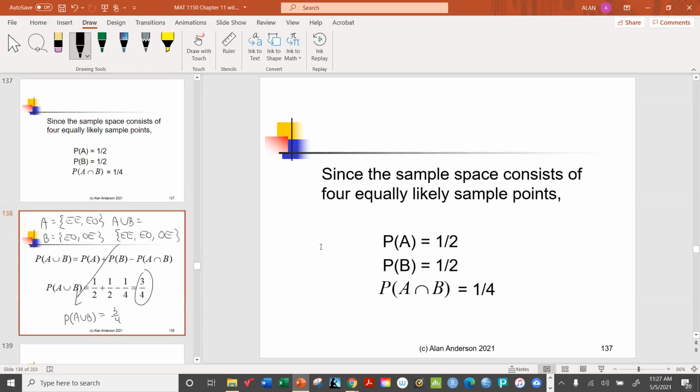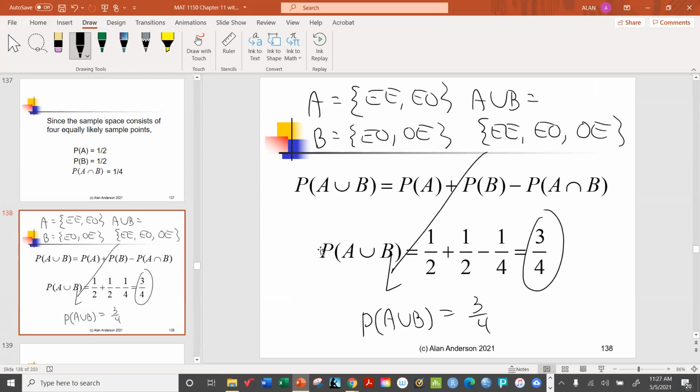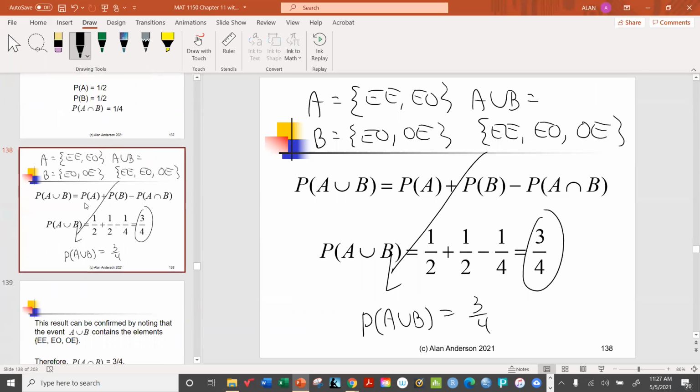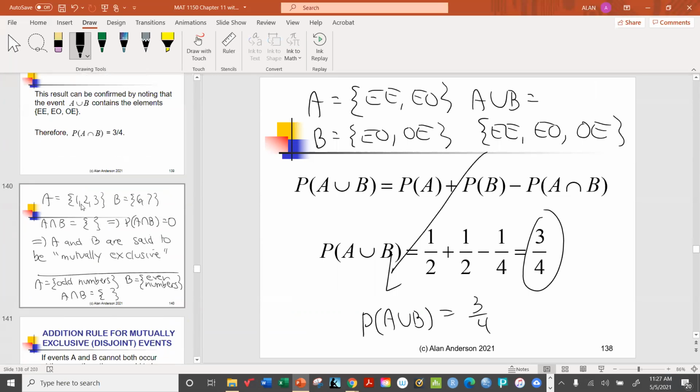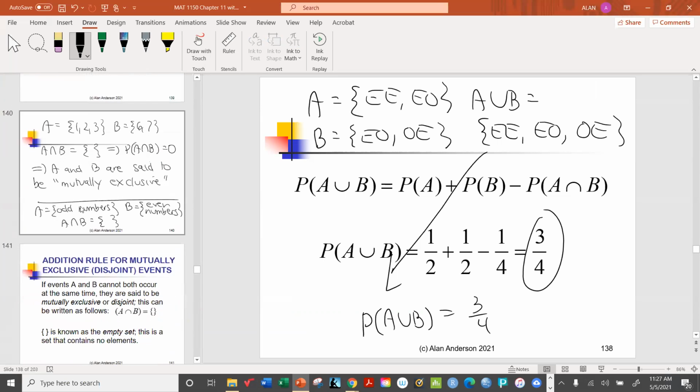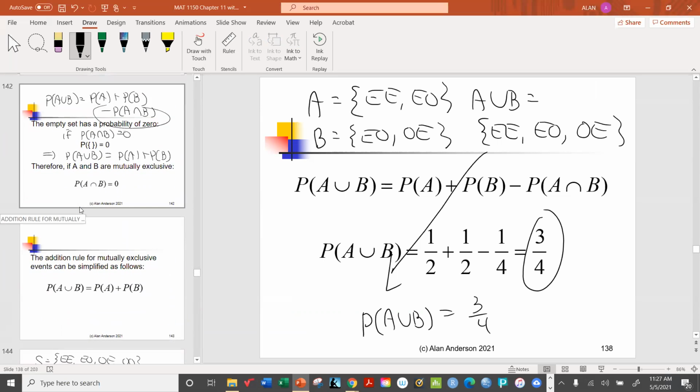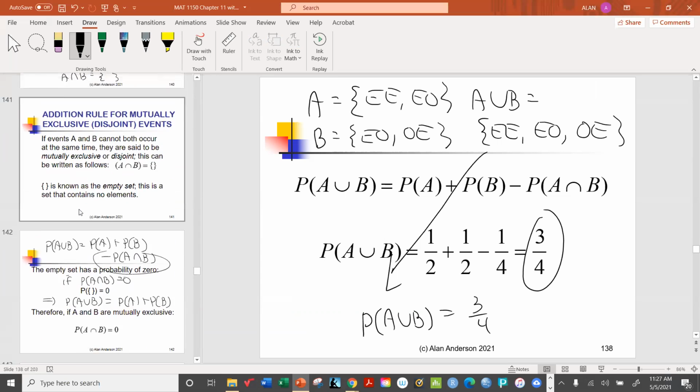Then we plug them into the formula and we did wind up with 3/4. A has a probability of a half, B a half, and A intersect B a quarter, which leaves us with 3/4. And we saw that the second option, counting them out, comes up with the same result.